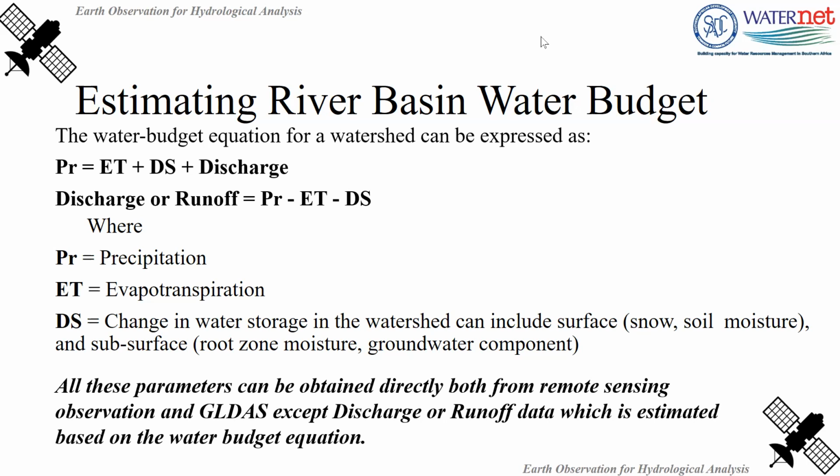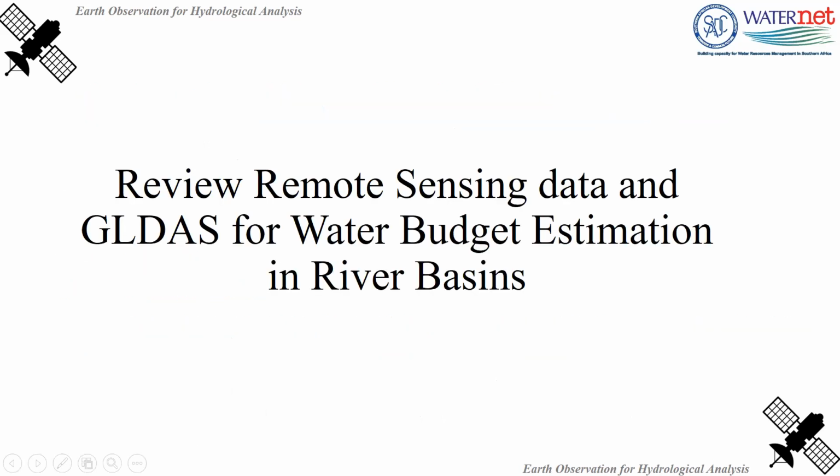And in water budgets, we want to be able to partition how much of the rainfall that is coming in goes into evapotranspiration, the percentage that goes into subsurface or surface discharge, and another that goes into storage. We can do this rough estimation with satellite images or remote sensing data sets. And this is what we want to take you through this remaining day.